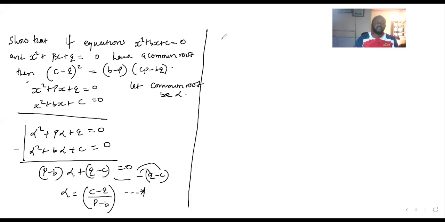Then furthermore, if this is our Roman 1 and this is our Roman 2, Roman 1 can be multiplied by b over p, then minus Roman 2.